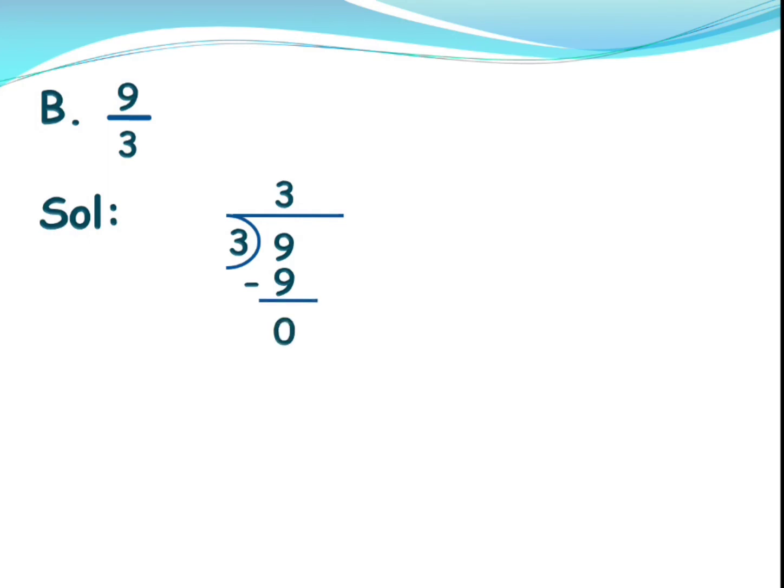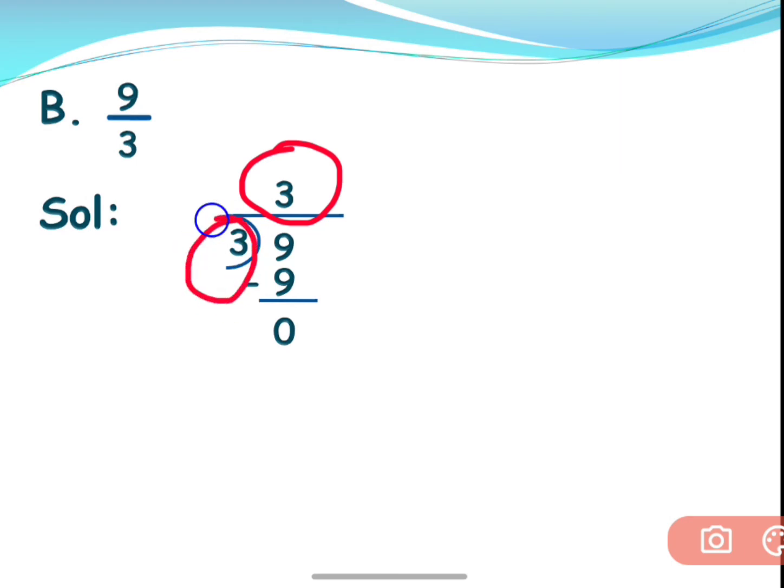So children, while writing the mixed fraction from the improper fraction, we take the quotient as the whole number, the divisor as the denominator, and the numerator becomes your remainder, isn't it? But here your remainder is 0. So here you can only write the whole number, which is 3.